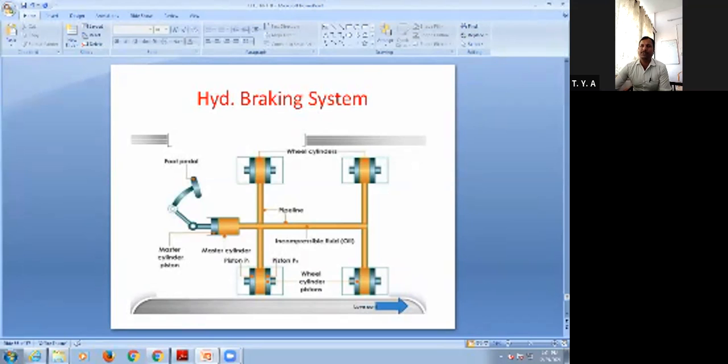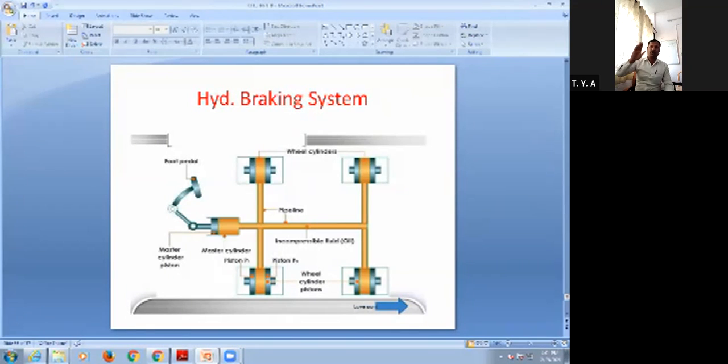Fluid will flow from this one. This is our foot pedal. When you press that foot pedal, this is your master cylinder and this is the master cylinder piston.